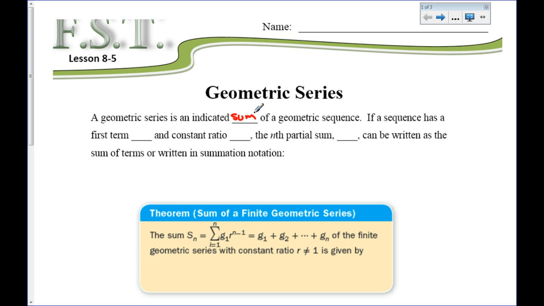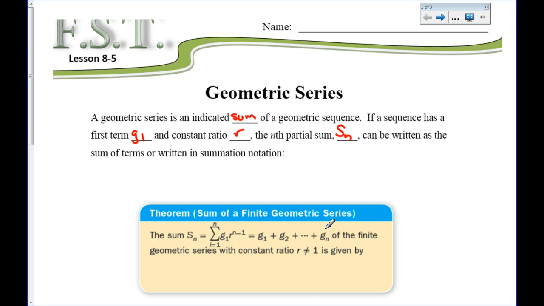If the sequence has a first term g sub 1 and a constant ratio of r, the nth partial sum, which we're going to call s sub n, can be written as the sum of the terms, or written in summation notation like this. In other words, we're taking g sub 1 plus g sub 2 all the way up to g sub n. But remember, we're talking about a geometric sequence, so they're being multiplied by some ratio for each one.